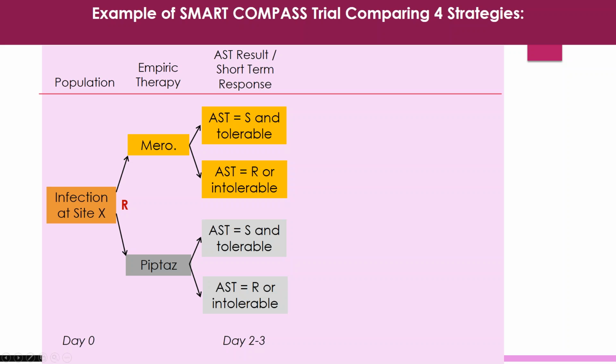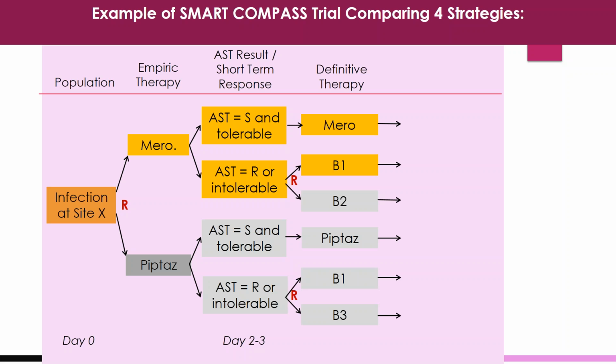And also at that stage, which is now day 2 to 3 into their illness, we can determine whether they've had any significant adverse effects from their chosen therapy. For example, if they develop renal toxicity or a significant rash, that might also be an indication to change therapy. But then we have an opportunity to randomize patients. And here I've only indicated some of the potential randomization choices.